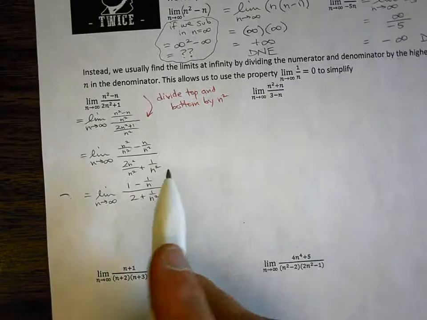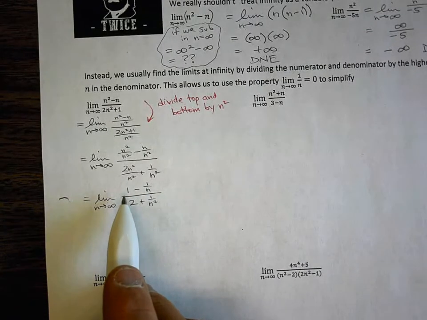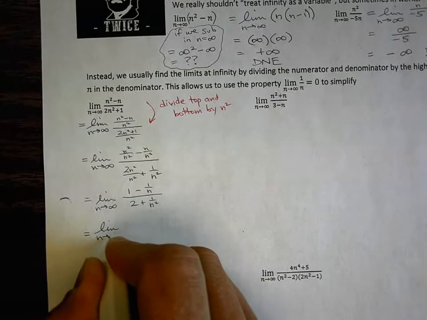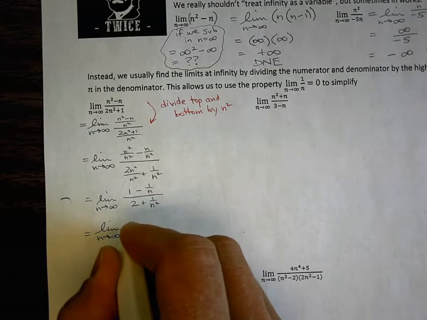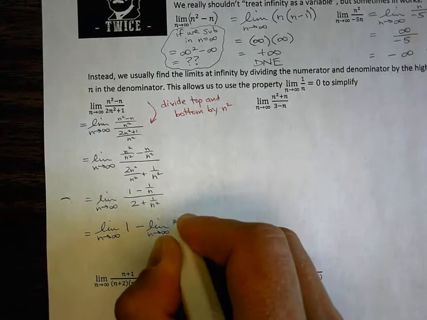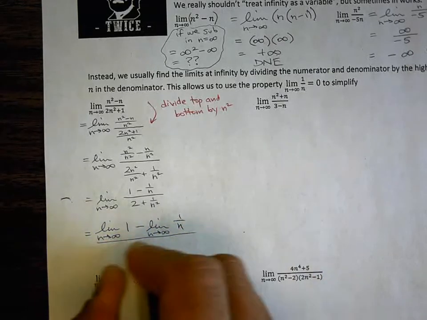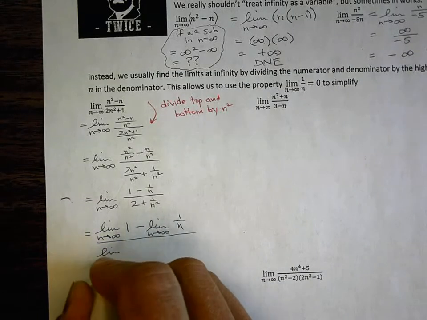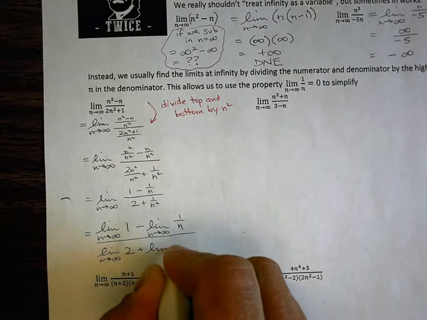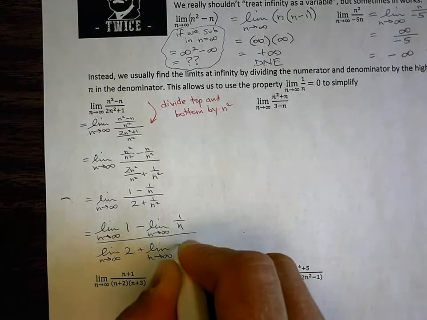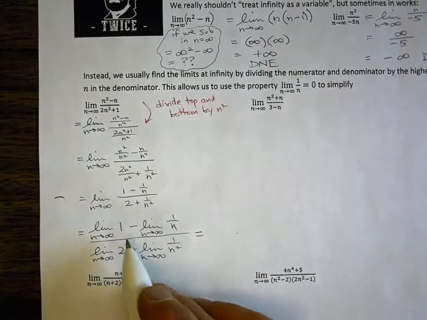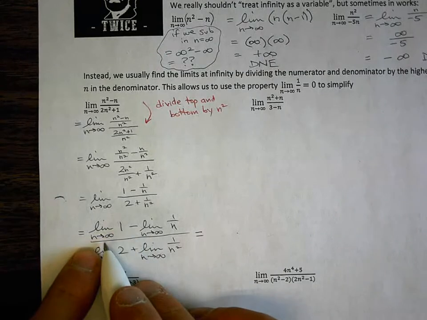So when I do direct substitution, just for this one question, I'm going to show you. Let's do each of these limits individually. So the limit of 1 minus the limit of 1 over n. I'm just distributing my limit property. Remember the first day we did limits, I showed you all the different properties and that you're allowed to do this. Okay, so now the limit of 1 as n approaches infinity is always 1.